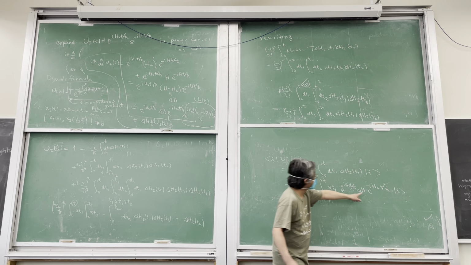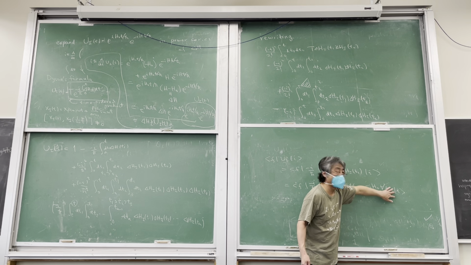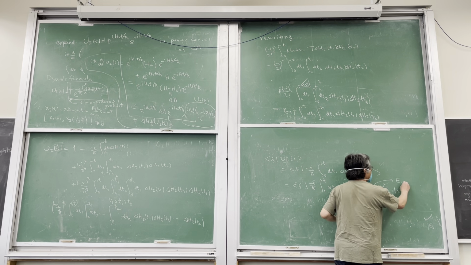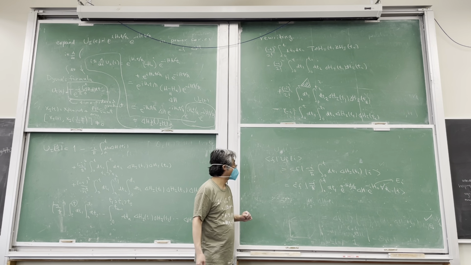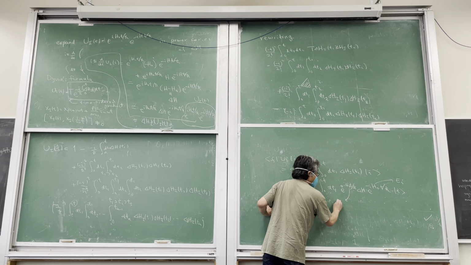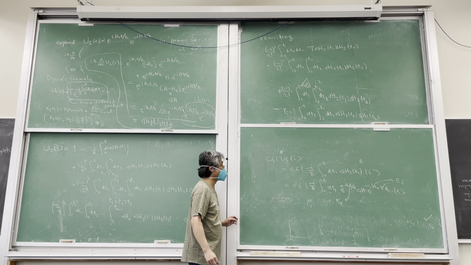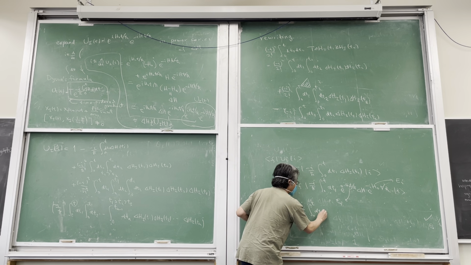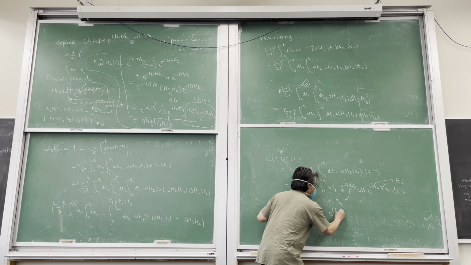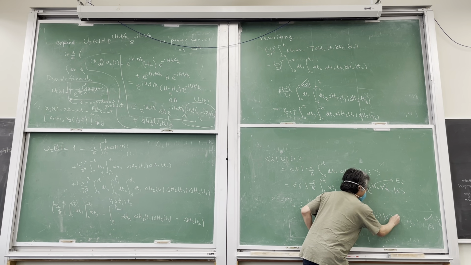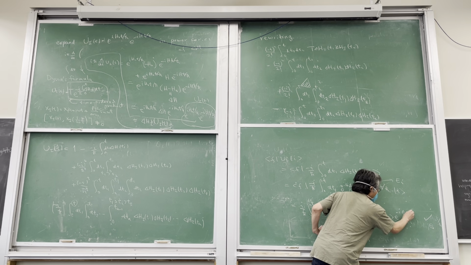Because H naught is now acting directly on the initial state, this H naught just pulls out the eigenvalue of the initial state. This H naught is acting directly on this bra, and this pulls out the eigenvalue of the final state. Then I have e to the i E_F t over h bar, delta H at 0, initial state, e to the minus i E_I t over h bar.